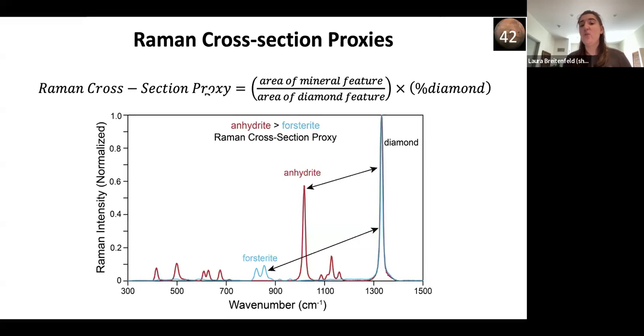And when we normalize this data to the diamond feature on the right side of this diagram, we can see that the relative signal strengths of the anhydrite feature and the diagnostic forsterite feature differ dramatically. So we can see here that because of that anhydrite signal being stronger, we could deduce that the Raman cross-section proxy of the anhydrite mineral is greater than that of the forsterite sample.